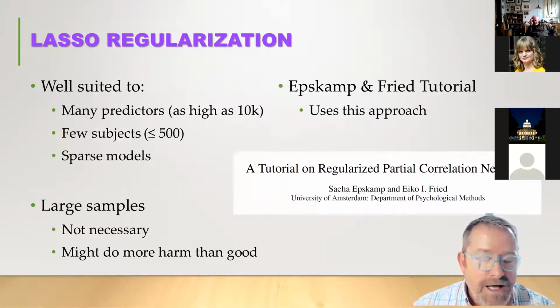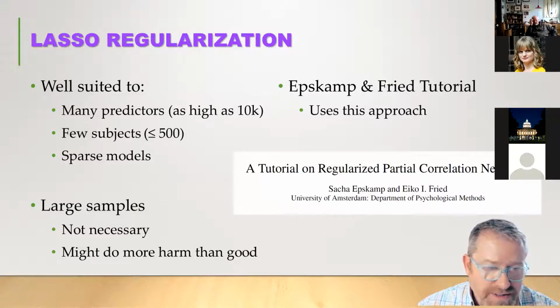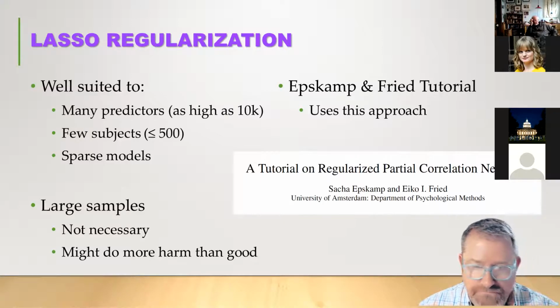Okay. So lasso regularization is well suited if you have a lot of predictors and fewer subjects, so you're in that small sample zone, and you're anticipating a sparse model. The most current Monte Carlo findings actually suggest that in really large, robust samples, lasso regularization might not be necessary, and it could actually do more harm than good.